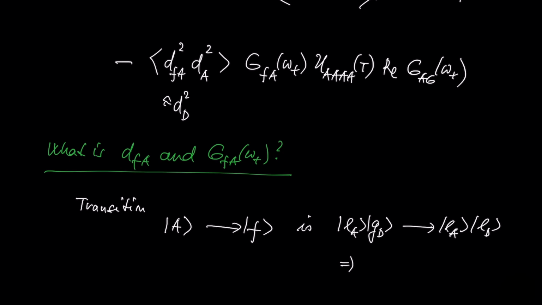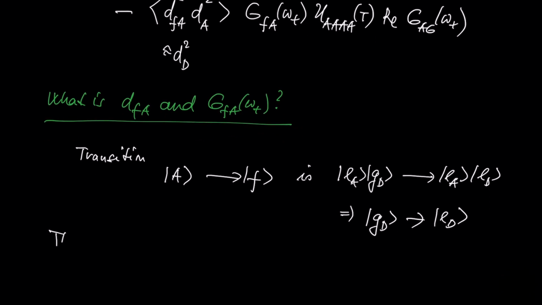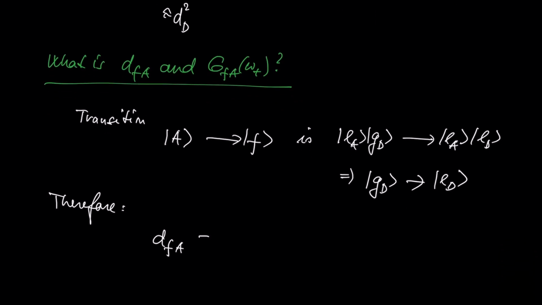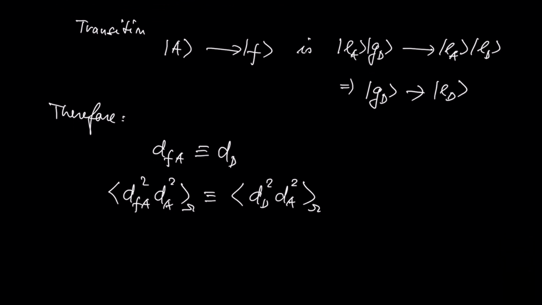So in fact it's a transition GD to ED. It's a transition on D because nothing happens to A, and therefore dFA equals dD, and the dFA square dA square is actually nothing else than dD square dA square, and of course this is the average over all possible orientations.